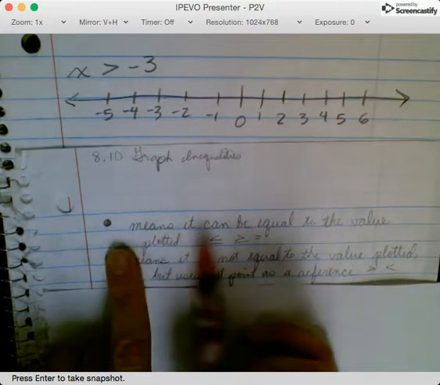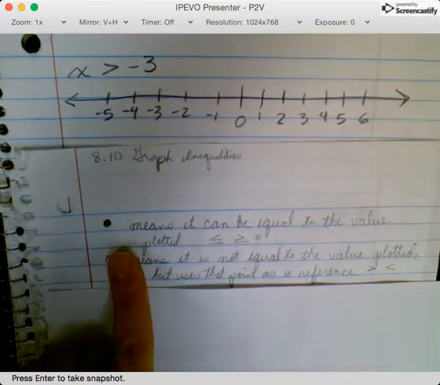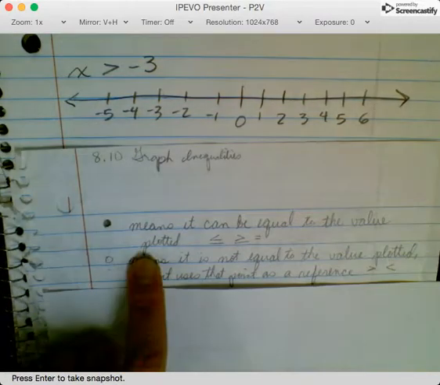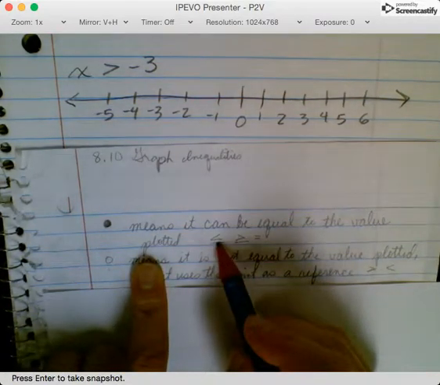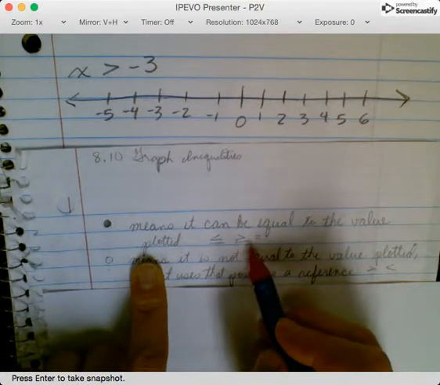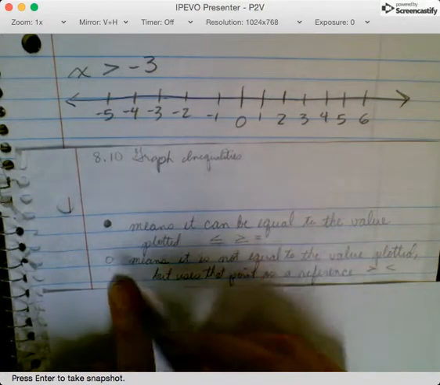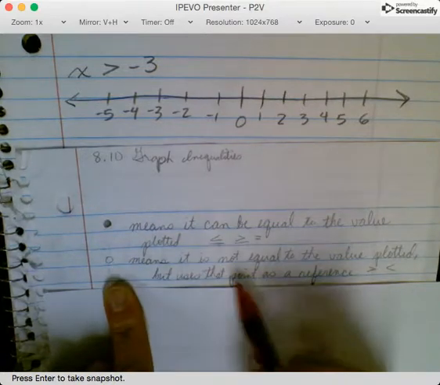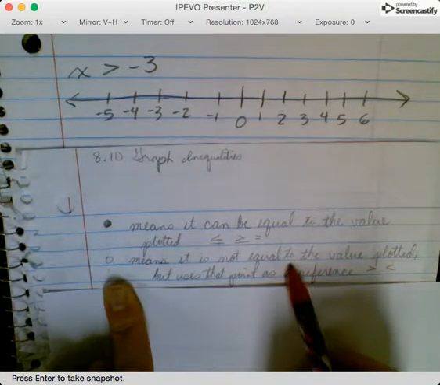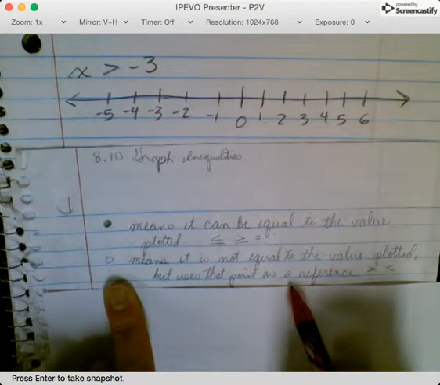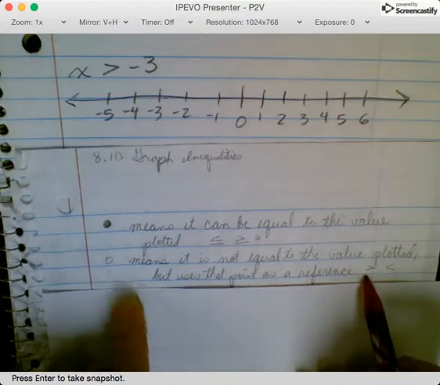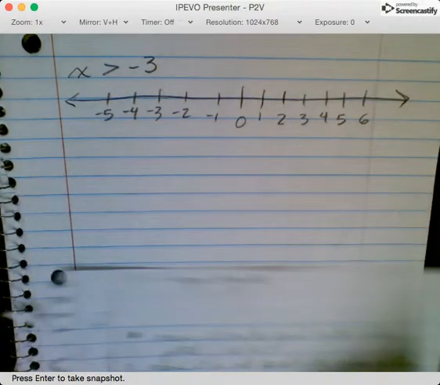If it's filled in, that means it can be equal to the value plotted. So it could be less than or equal to, greater than or equal to, or equal to. A circle that's not filled in means that it is not equal to the value plotted, but uses that point as a reference. So that would be greater than or less than signs.